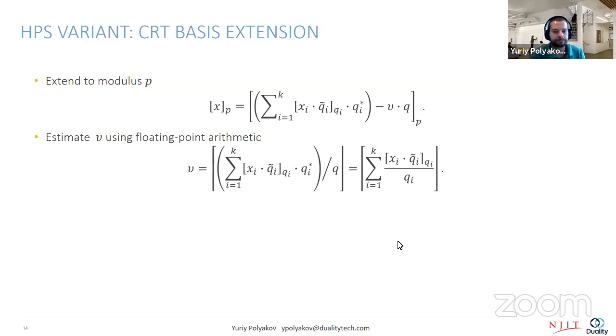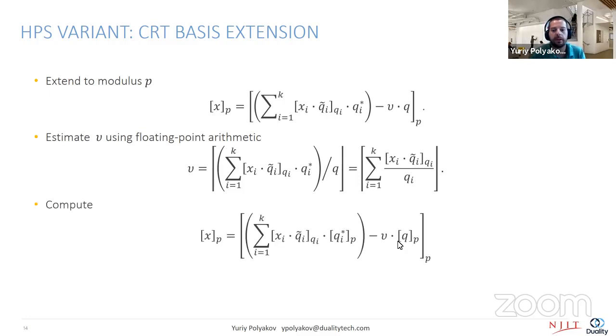In this particular scenario, the value of nu can be easily computed using this expression. And in the computation itself, we use, again, both integer and floating point numbers. This is another case where floating point numbers come up. In the CRT basis extension, the biggest challenge is estimating nu.